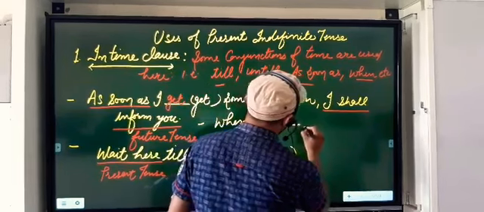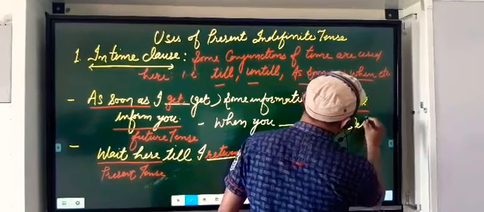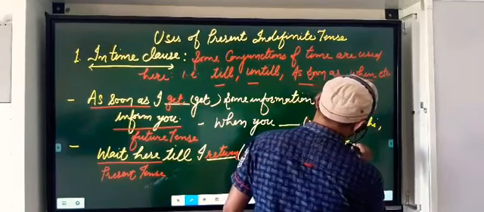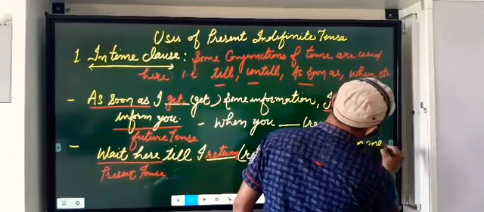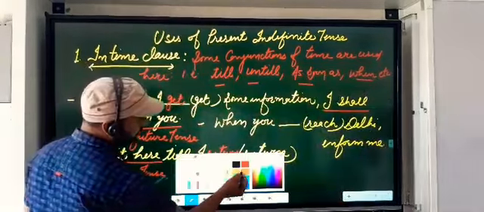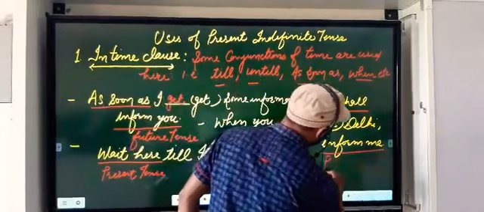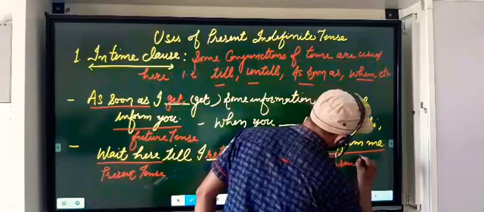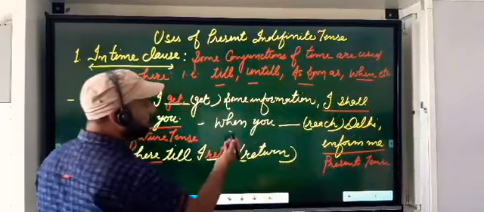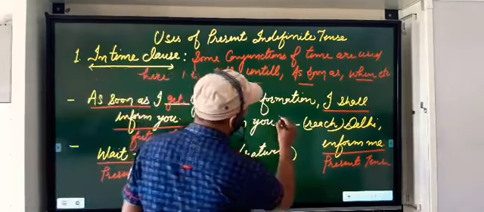When you reach Delhi, inform me. Here also we find that one portion is given in future, and in the second portion where the conjunction of time is used, we use present indefinite.